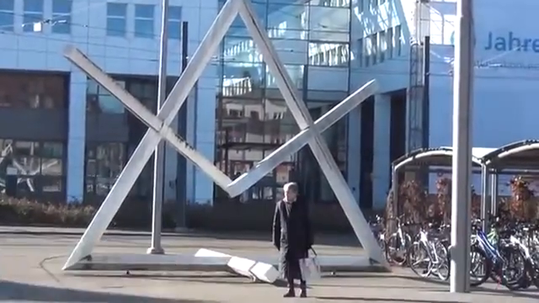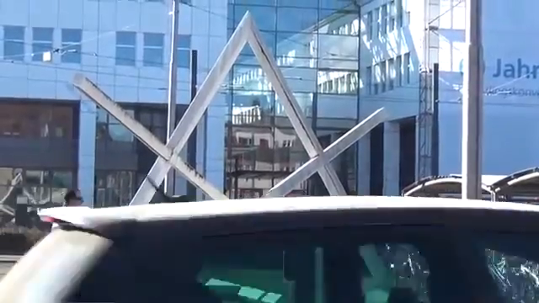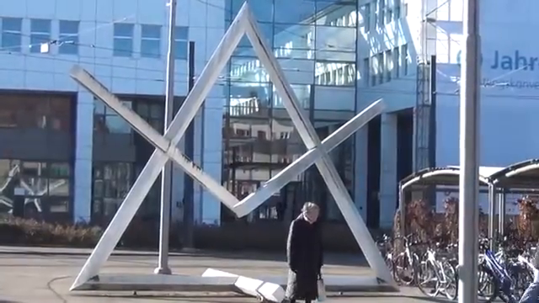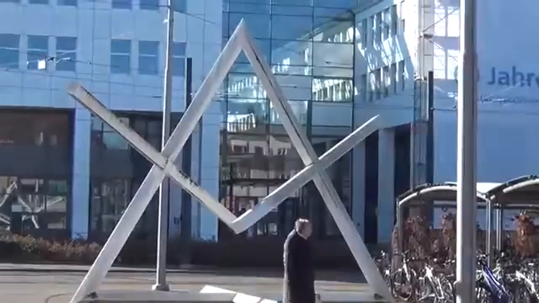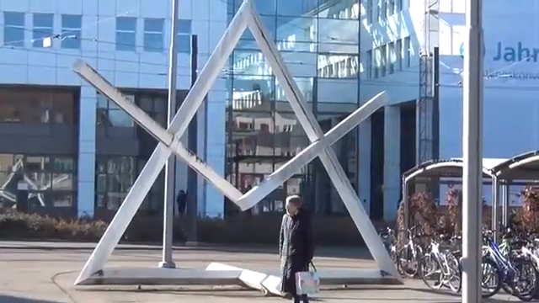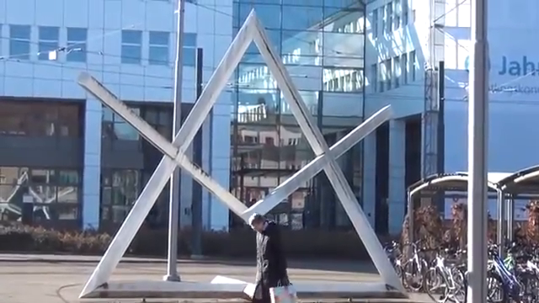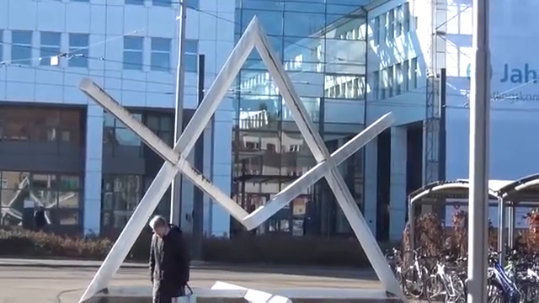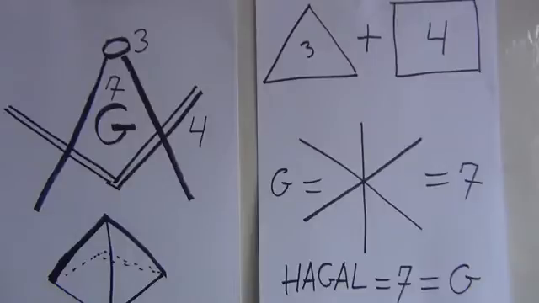And 3 and 4 together make 7. And 7 is a holy number, not only in the Bible, but especially for the pharaohs. Because it's the 3 sides of the delta, as you can see here, and the bottom making 4 sides of a pyramid. Okay, I show one more time to you here.